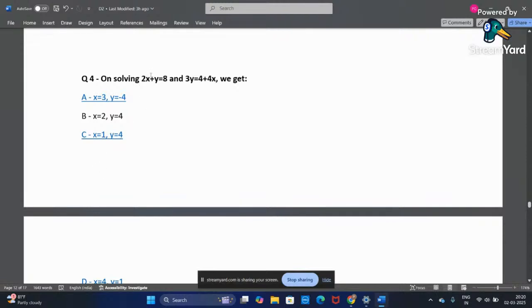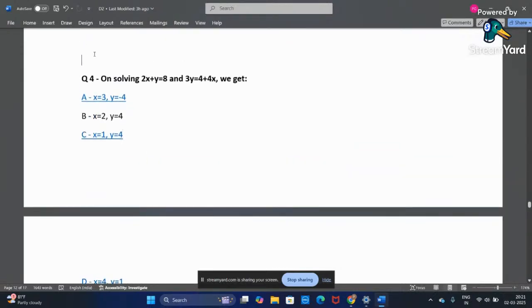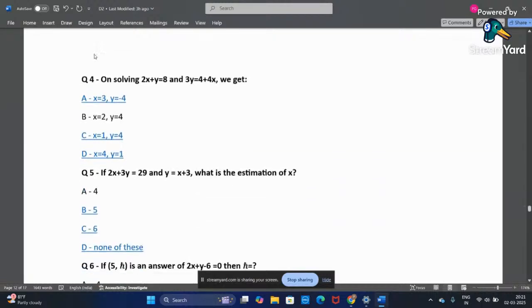Take this as equation 1 and this as equation 2. We need something to be common to cancel, right? For that, we have to multiply this equation with 3.